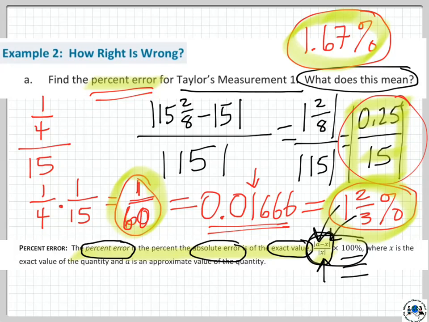Well, what it means is that his approximation, his measurement, was 1 2/3% off of the exact measurement. And again, you'll probably see this in the future in some more statistical applications. But for now, that's what this means.